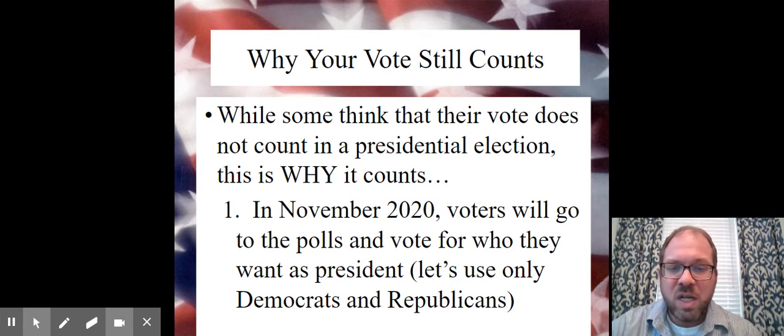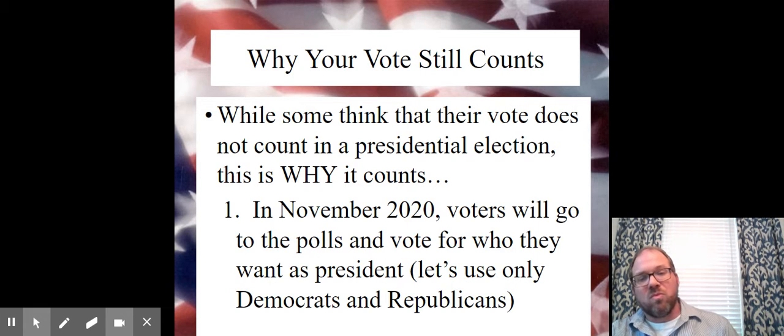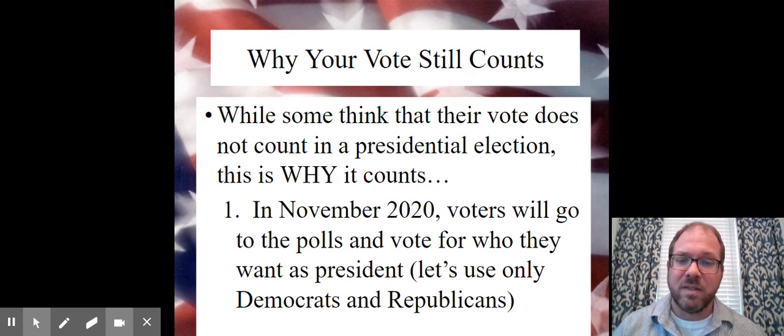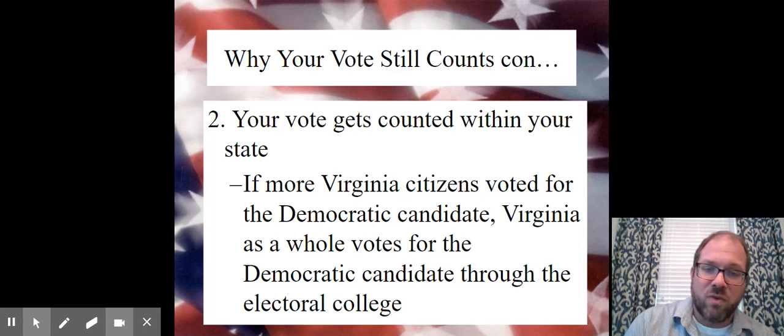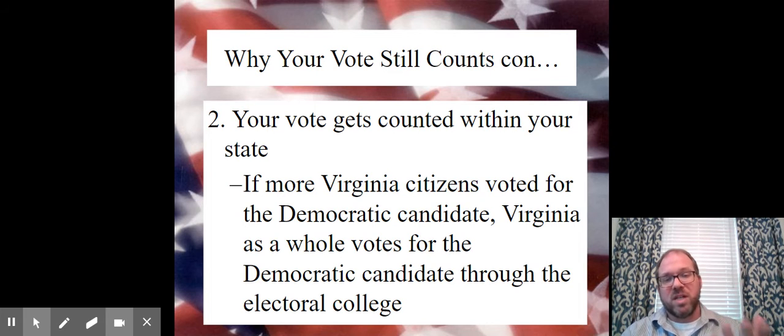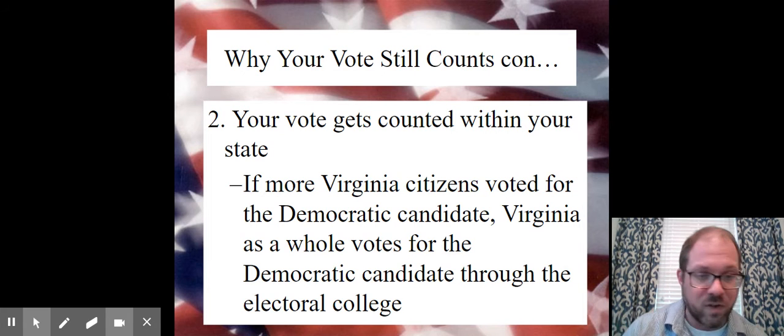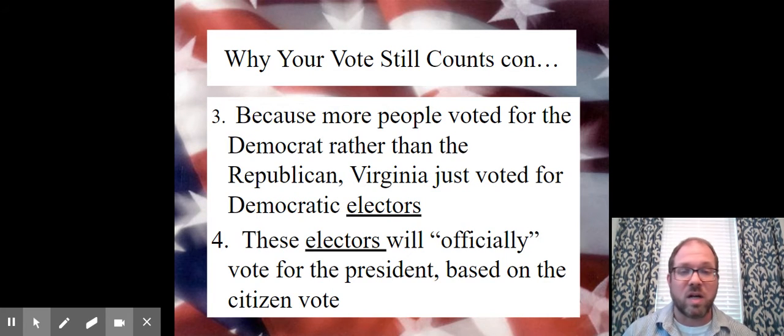In November, voters go to the polls and vote for who they want for president. This just happened. If more Virginia citizens voted for the Democratic candidate, Virginia as a whole will vote for the Democratic candidate, and that candidate will get 13 electoral votes in the Electoral College.